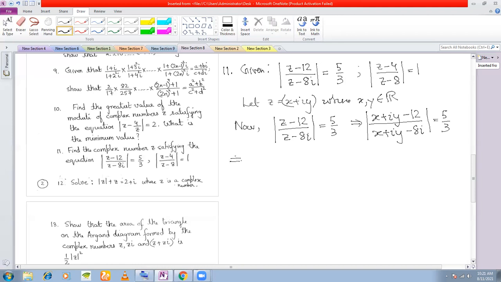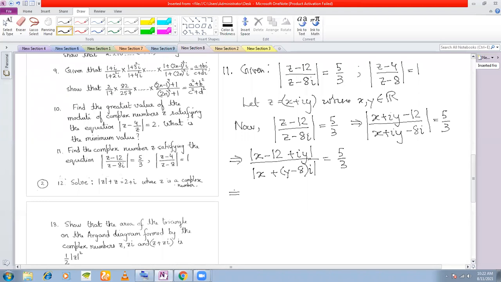Now you can take modulus in the numerator and the denominator, and in the numerator also you will separate the real and imaginary parts to get (x minus 12) plus iy, divided by x plus (y minus 8)i, is equal to 5 by 3.